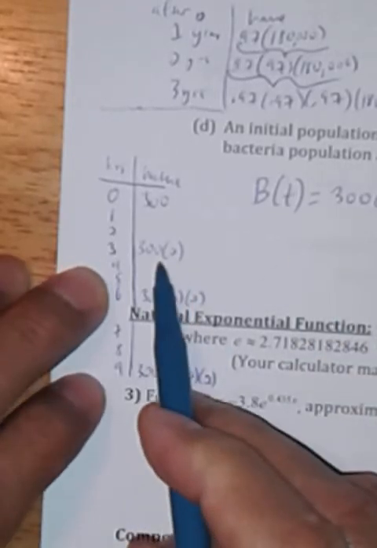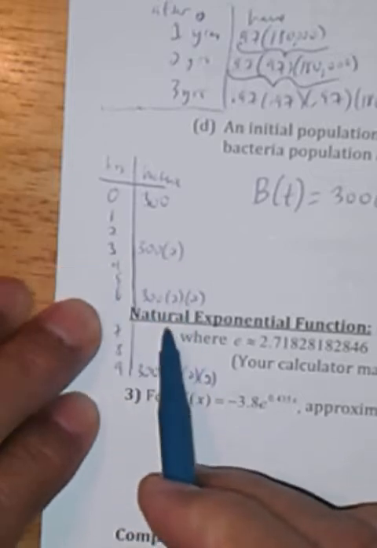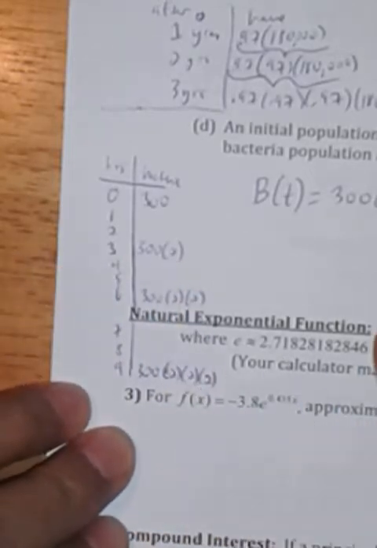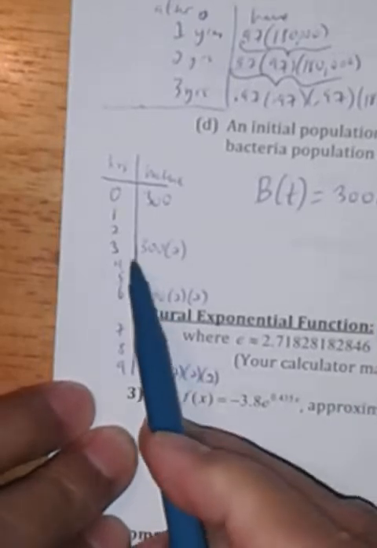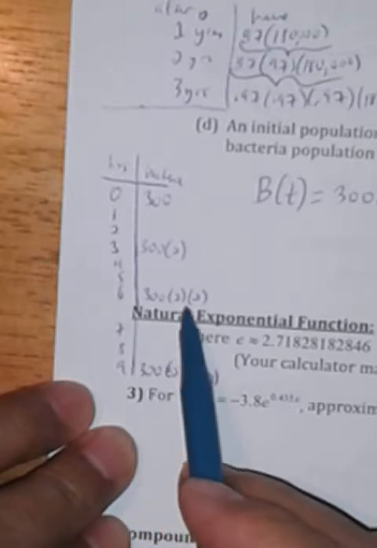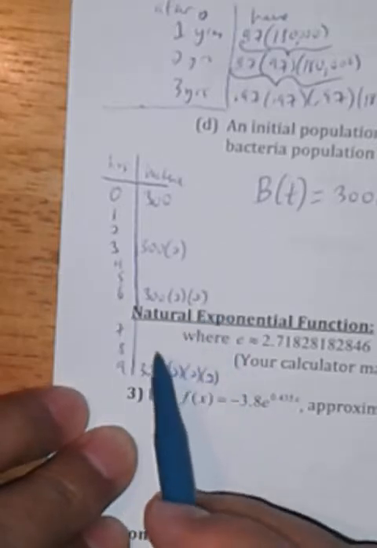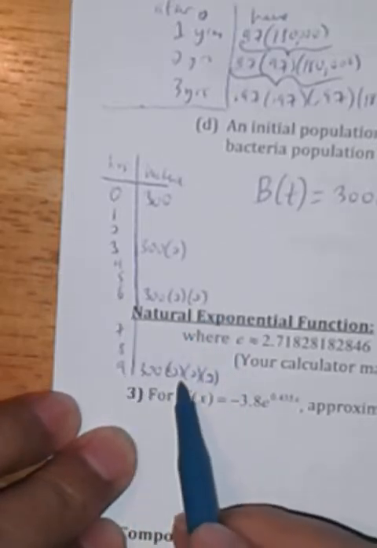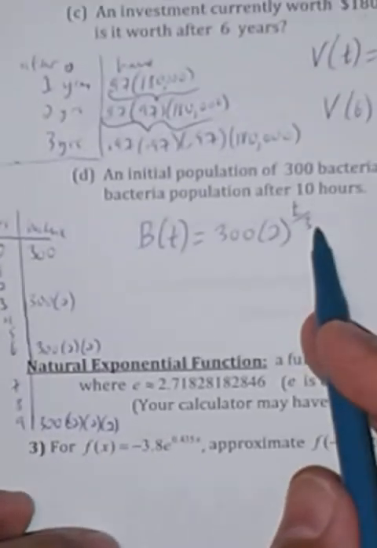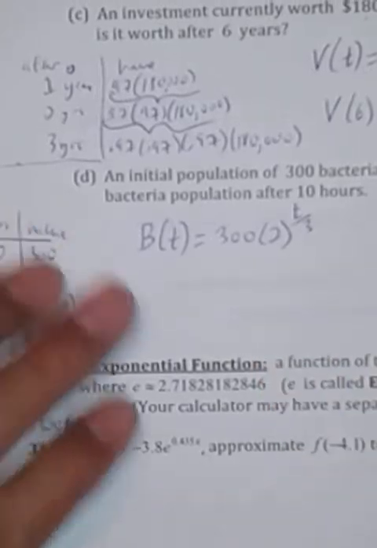But it's not every hour that it doubles, it's only every 3 hours. So how do we say that the exponent increases every 3 hours? We'll just divide T by 3, right? So at 3, it's 2 to the first. At 6, it's 2 to the second, which would be 6 over 3. And at 9, it'd be 2 to the third, which is 9 over 3. Okay, so there's our formula for finding the number of bacteria.